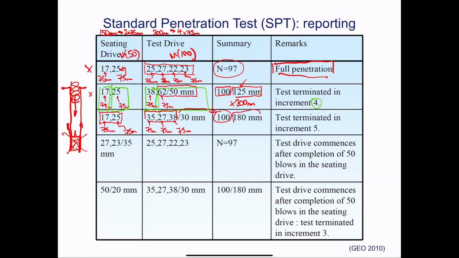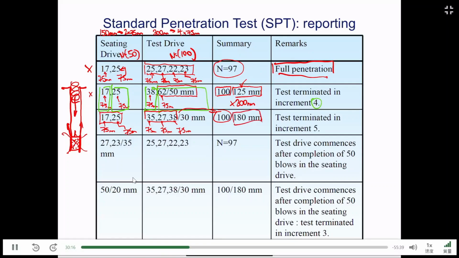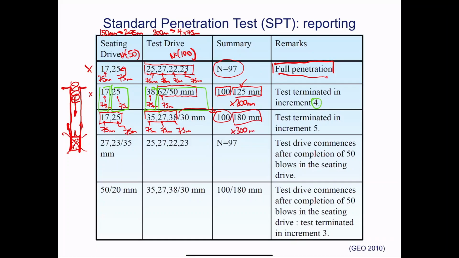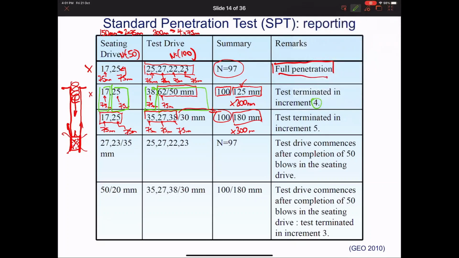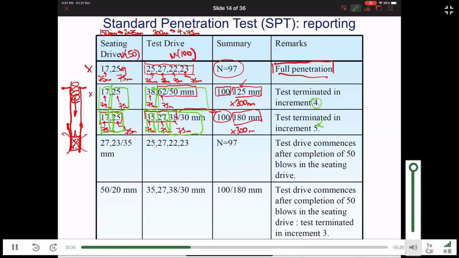And the note here would be showing us that we did not reach 300 again. We only reached 180 out of 300 millimeters during the test drive. And some remarks will tell you even what increments. In this case, 1, 2, 3, 4, 5. So the test terminated at increment 5.